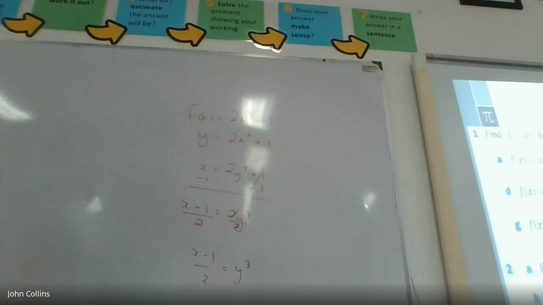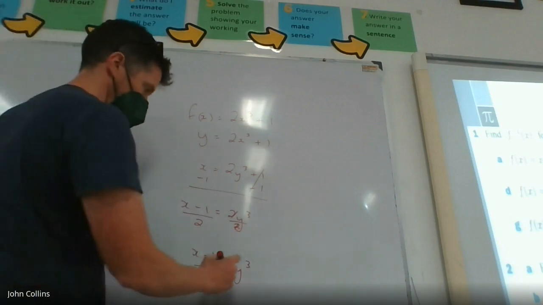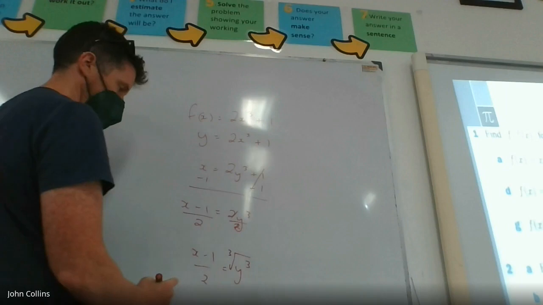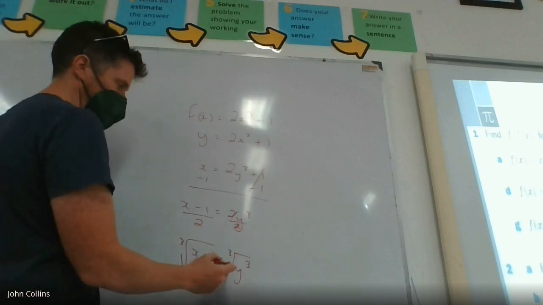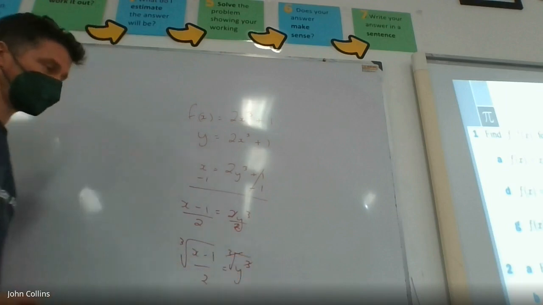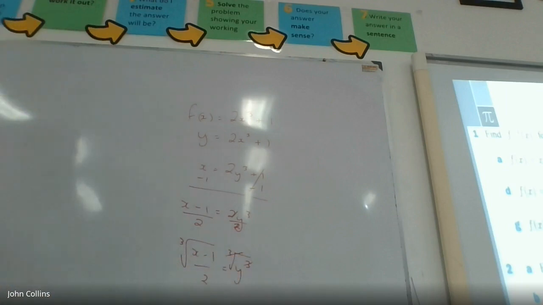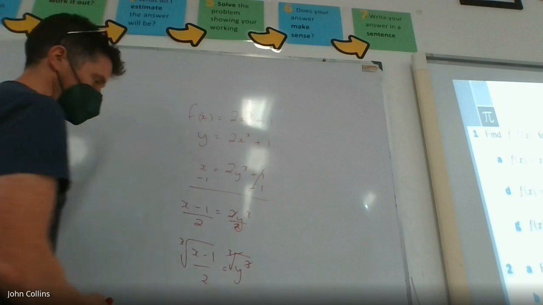Now I don't want y cubed, I just want y. So the opposite is the cube root of this side and the cube root of that side. Luckily, the cube root cancels perfectly with the cube. And y just equals the cube root of (x minus 1) over 2.